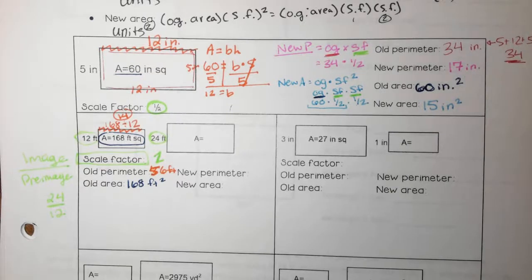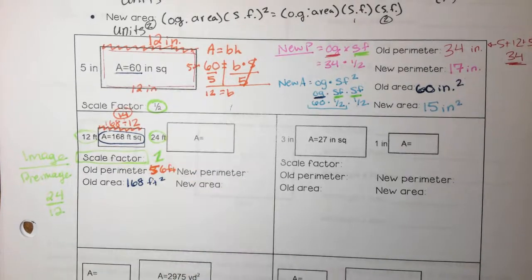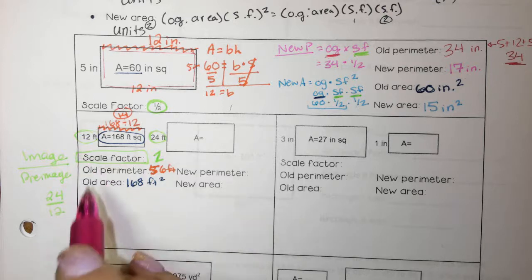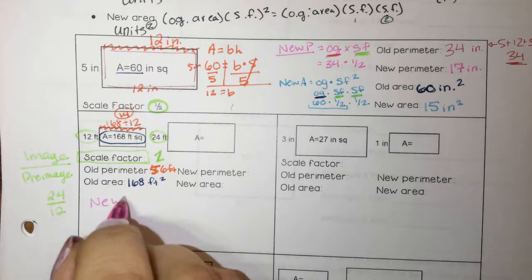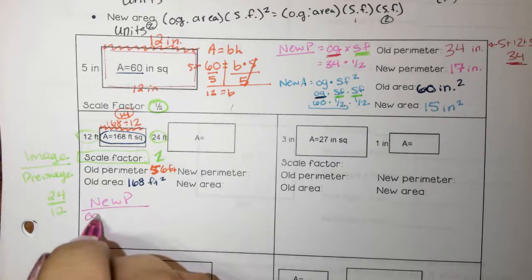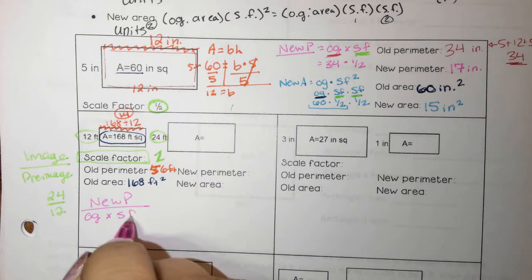Now we're ready to find the new perimeter and the new area, which is super helpful because we don't have the other side lengths here. The new perimeter is just the original perimeter times the scale factor.